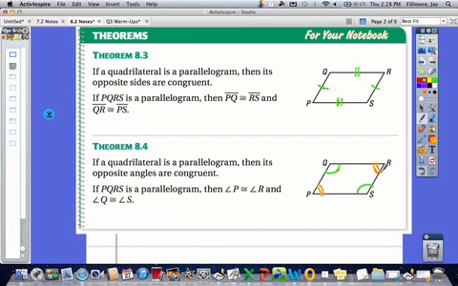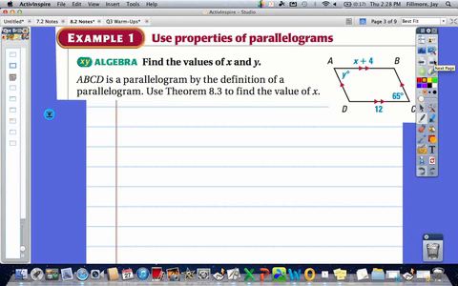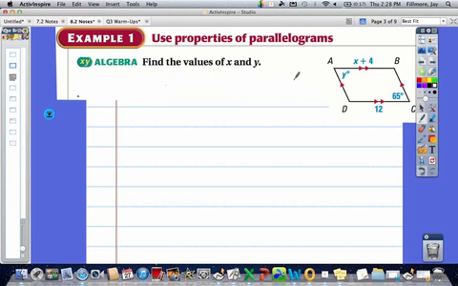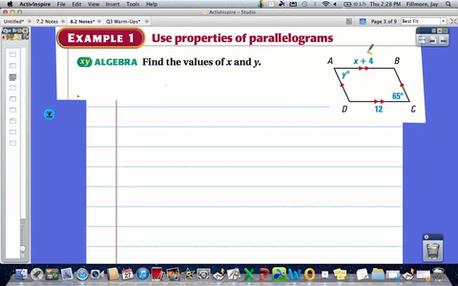Let's look at a problem that's quite basic and simple. We're going to find the values of x and y in this parallelogram. Solving first for x, that's a side, since there's no degree symbol. Since opposite sides are congruent, x plus 4 is equal to 12.